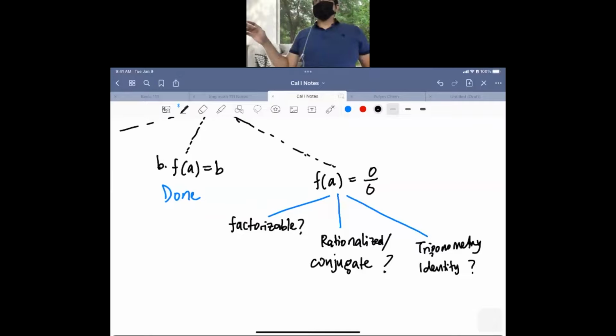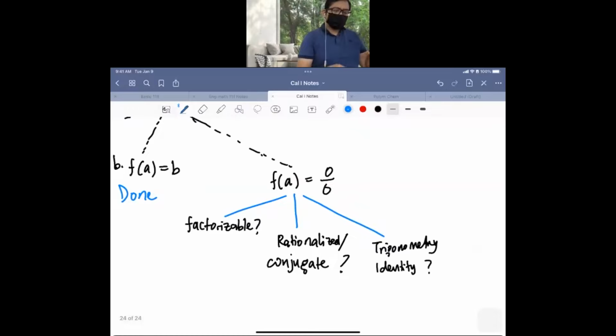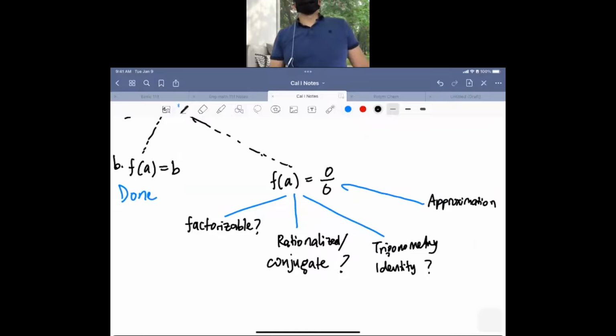There is another method that is really helpful, but it will come in a later section. We call it L'Hopital's rule, but let's just focus on these three first. Or maybe there are a few methods just to approximate. Approximation is like a numerical method, but for our case in this section on limits, it is not really applied.